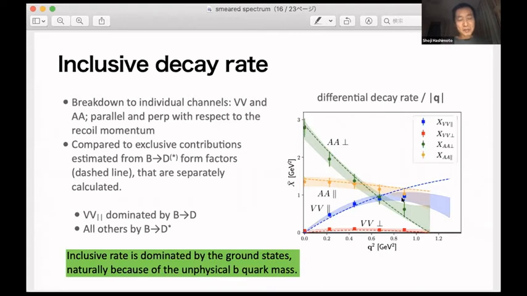And that is sort of expected because the initial B quark is not that heavy compared to the physical situation. So there is not so much room between the initial B quark and the final charm quark. So most likely the ground state contribution dominates the whole thing, but the computation itself is done in a way that the inclusive computation is possible.